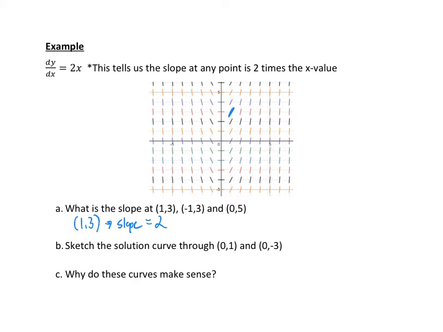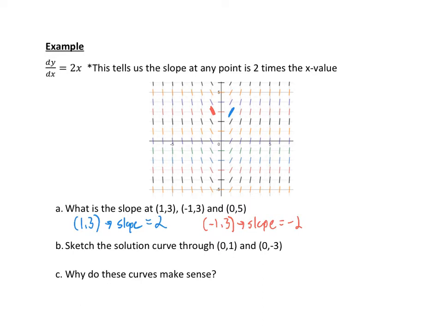If I looked at the point (-1, 3), the slope should be 2 times -1, which is -2. So at the point (-1, 3), I have the same kind of slope as for the first point, except now it's negative.